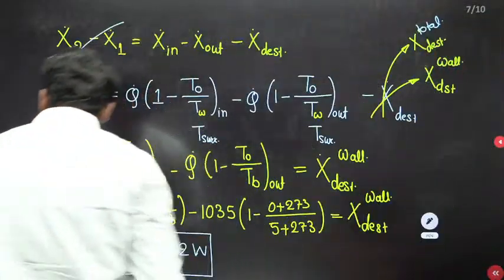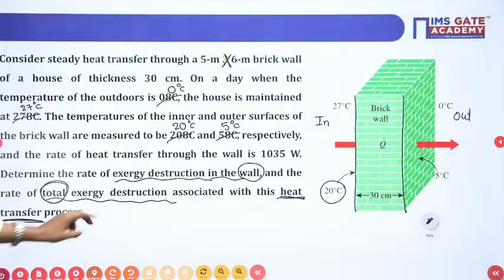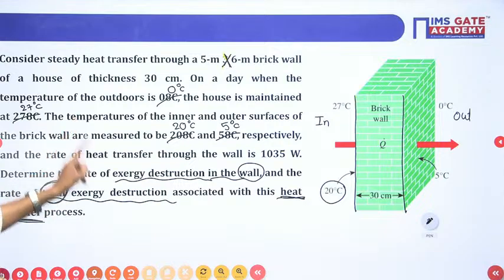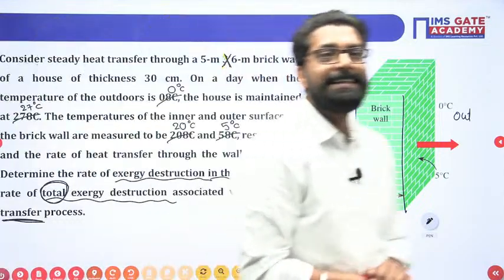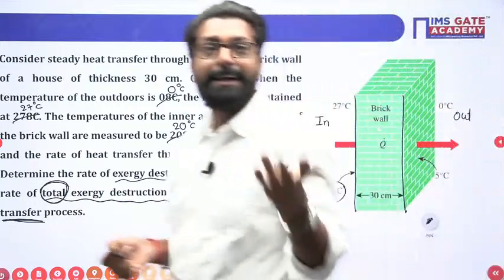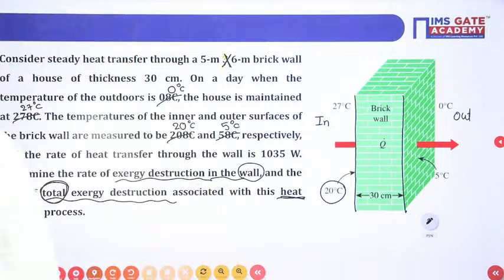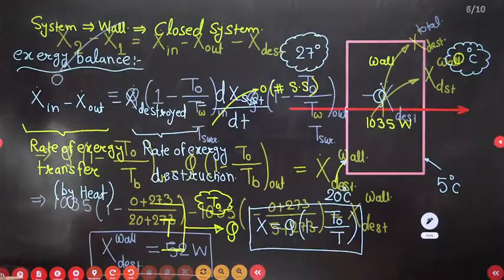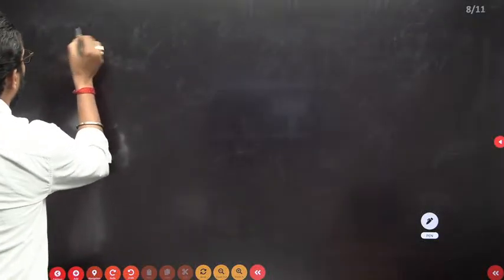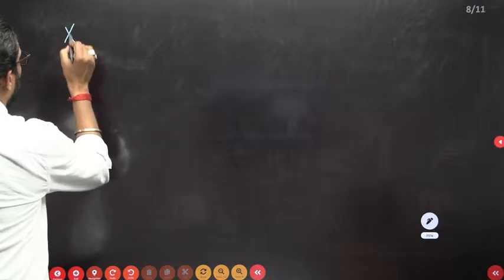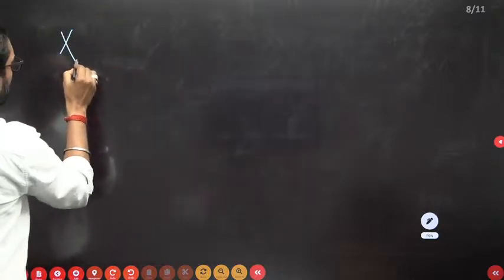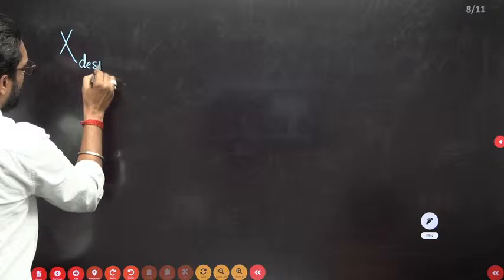Now, the second question says: what is the rate of total exergy destruction associated with the heat transfer, total. So for the total, we have to take the surrounding temperature, inner and outer. So we have to find the exergy destruction total.